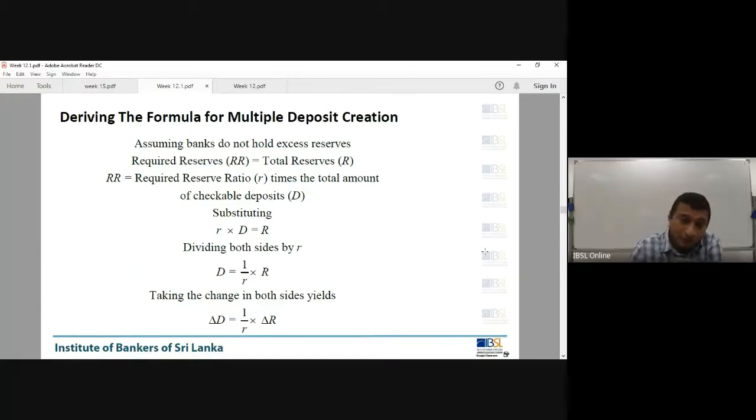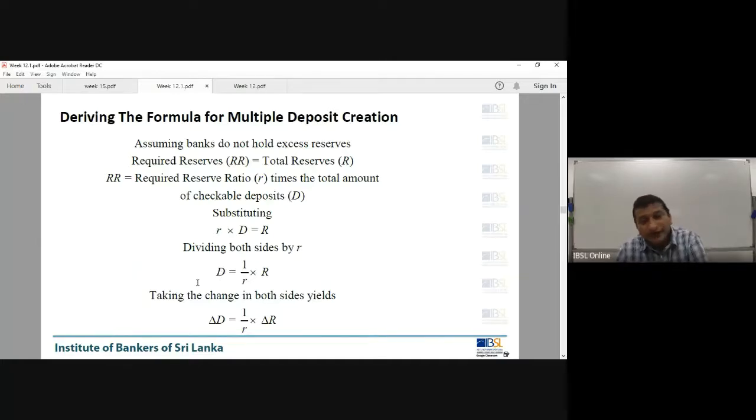So in the previous example, the reserves you are seeing is 100. This small r is 10%. So 1 over 10% times the reserves gives the deposits. Here the reserves were 100, so 1 over 10% is 10, and 10 times 100 is nothing but 1000. 1000 is the deposits, right?